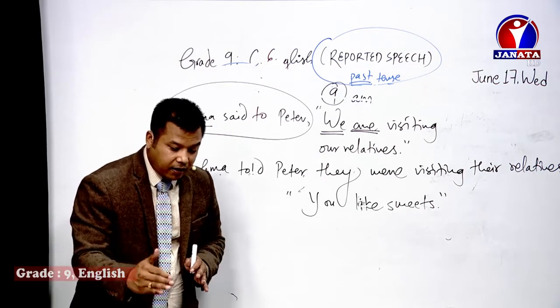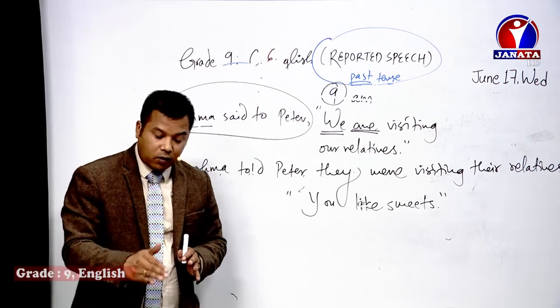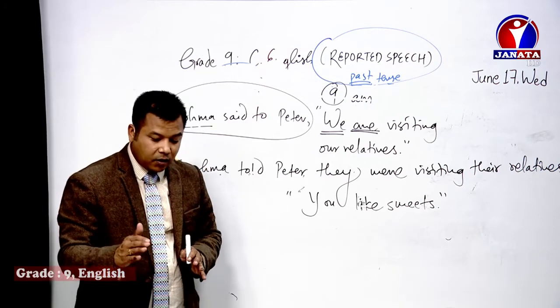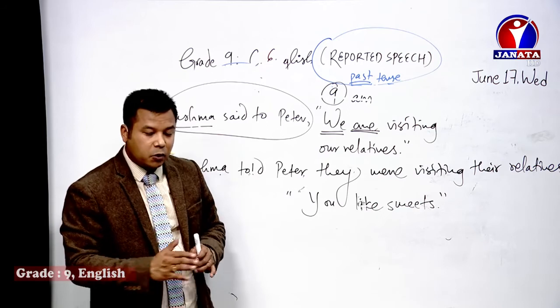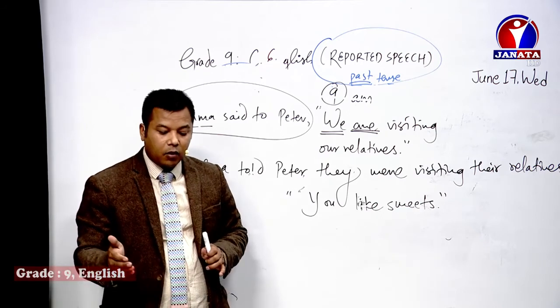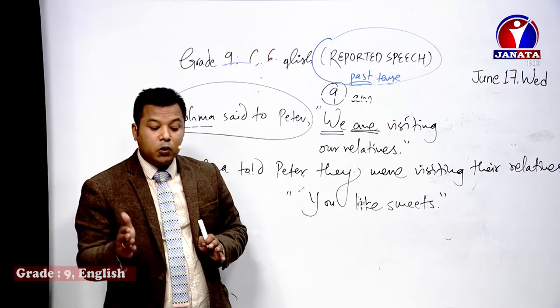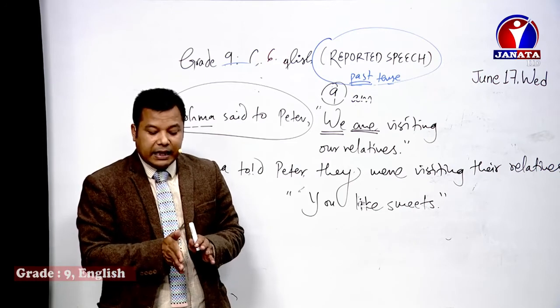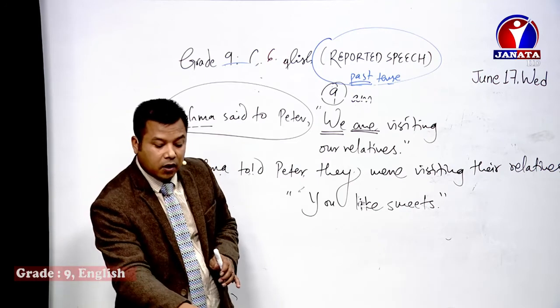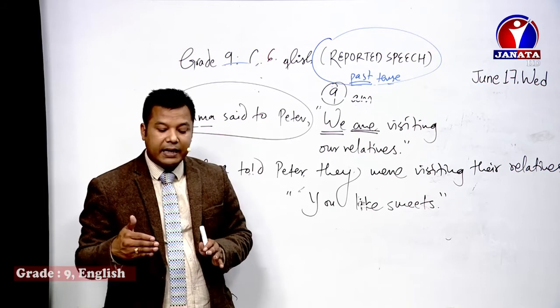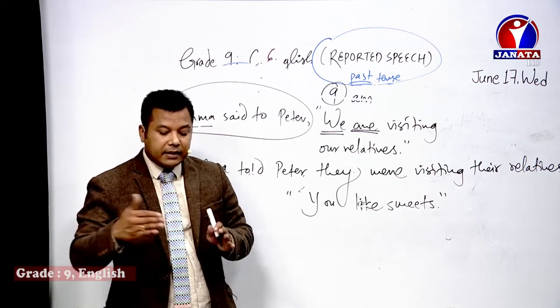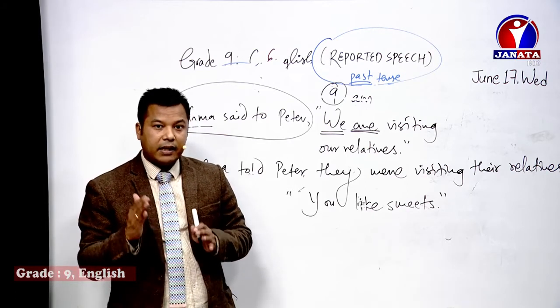It's a WH question, why? So, why don't you speak English? Why you didn't speak English? Or that you becomes, you is Saif, so he. Why he didn't speak English becomes the right answer for this.